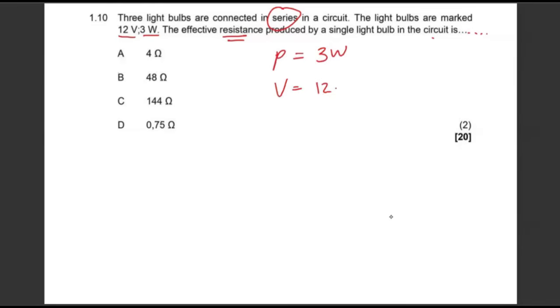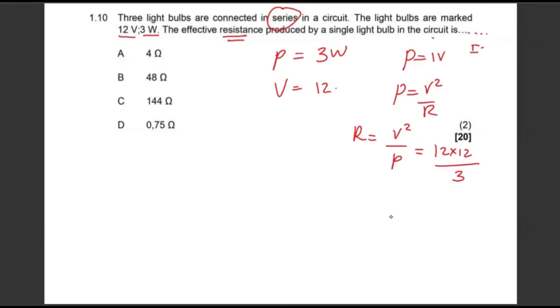They're asking for R. We know that P is IV, but our interest is resistance, so we use P equals V squared over R, which gives R equals V squared over P. Our voltage is 12 times 12 divided by 3. 3 into 12 is 4, so 4 times 12 gives me 48.